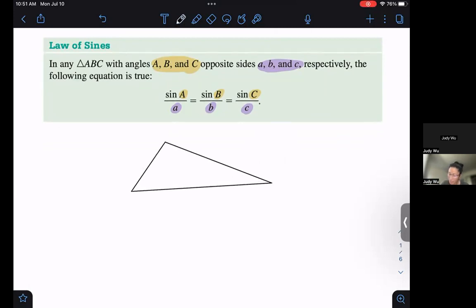I'm going to label this with a capital A for that angle, capital B for this angle, and capital C. So let's go back and highlight these correspondingly. We've got angles here. And then I'm going to label the sides with the lowercase letters.